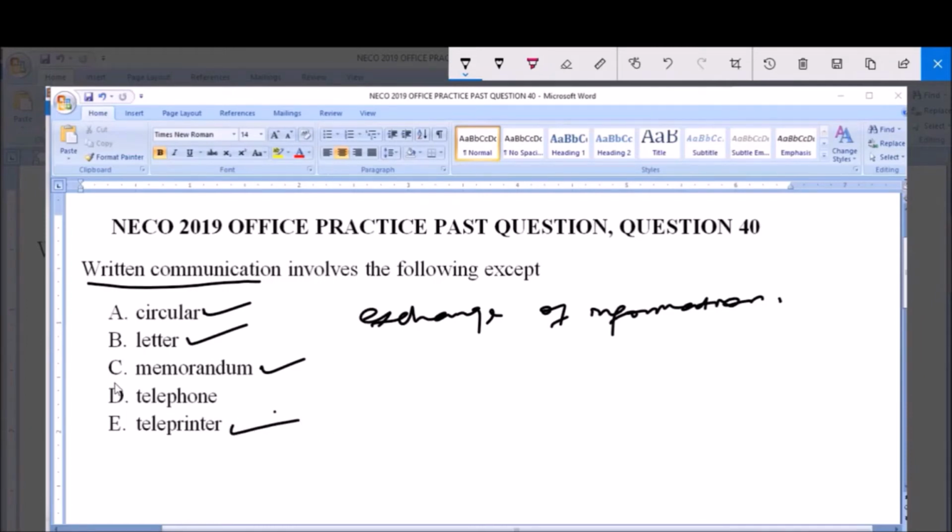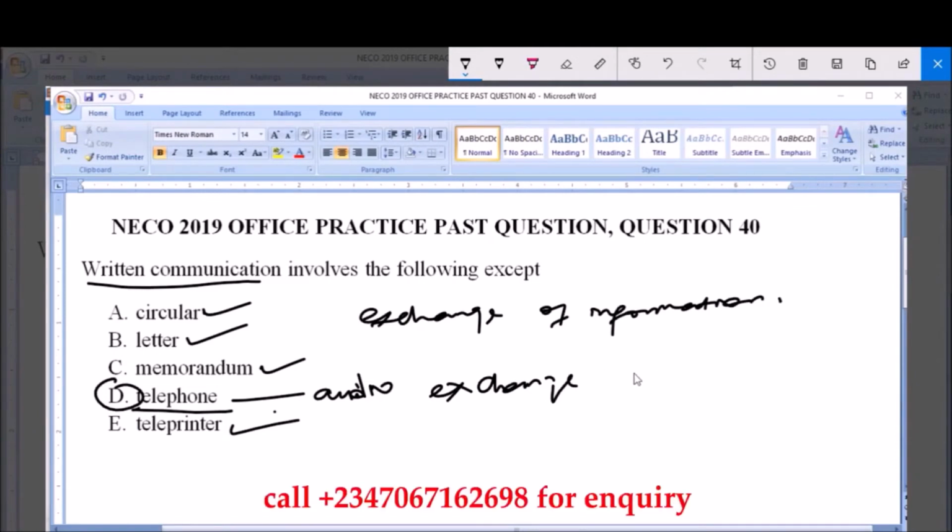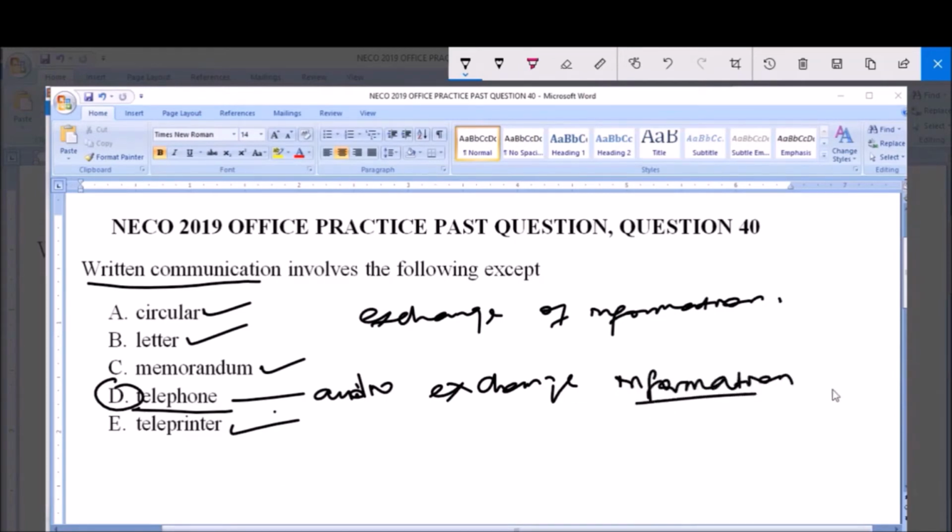Now option D says telephone. Telephone involves an audio exchange of information. The type of communication used with a telephone is not written, it is audio.